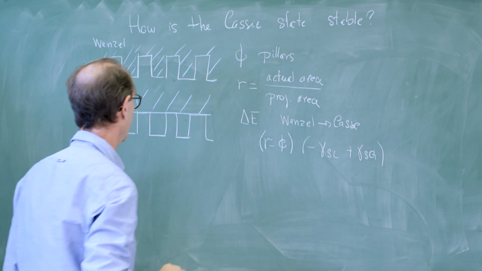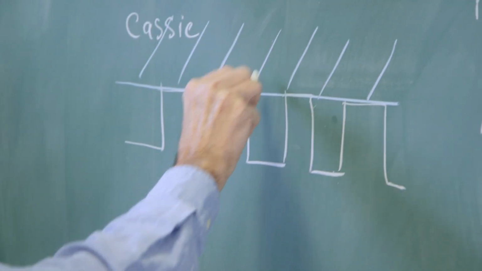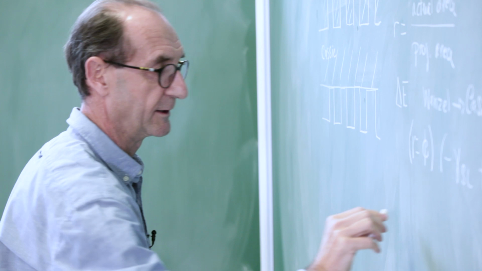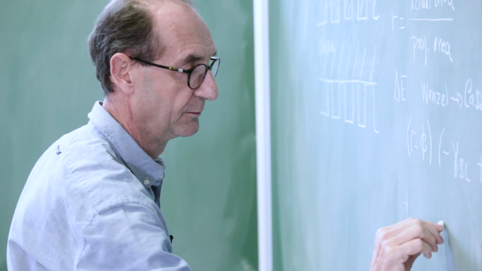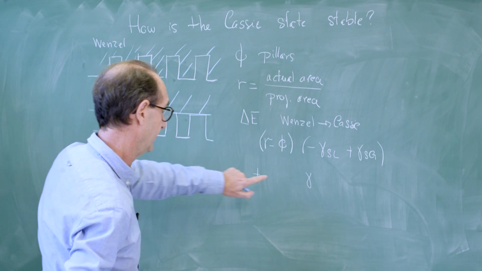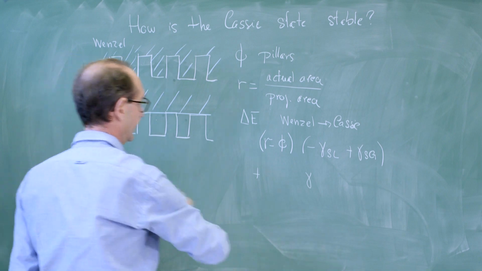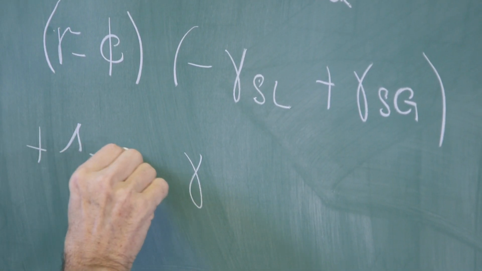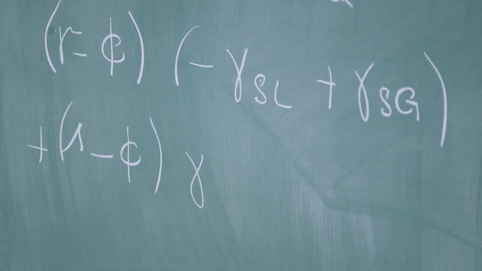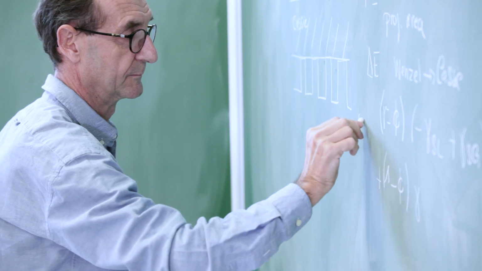But in this transformation, I'm also creating a liquid-air interface between the pillars. So I'm adding an energy which is proportional to the interfacial tension between liquid and gas, gamma, multiplied by the fraction between the pillars, which is 1 minus phi. So this is my difference in energy, delta E.